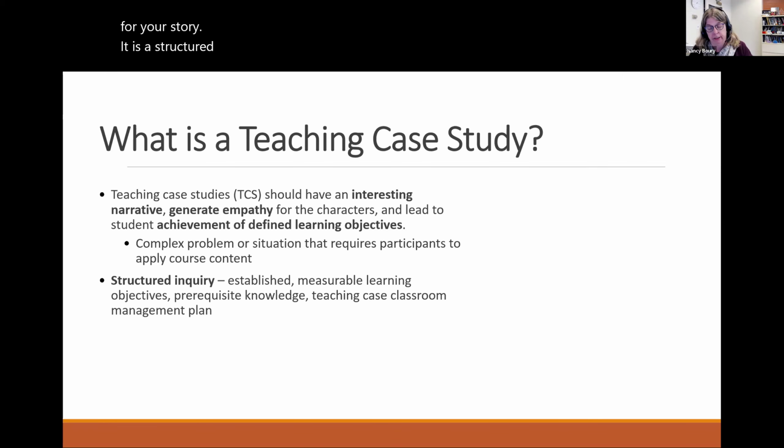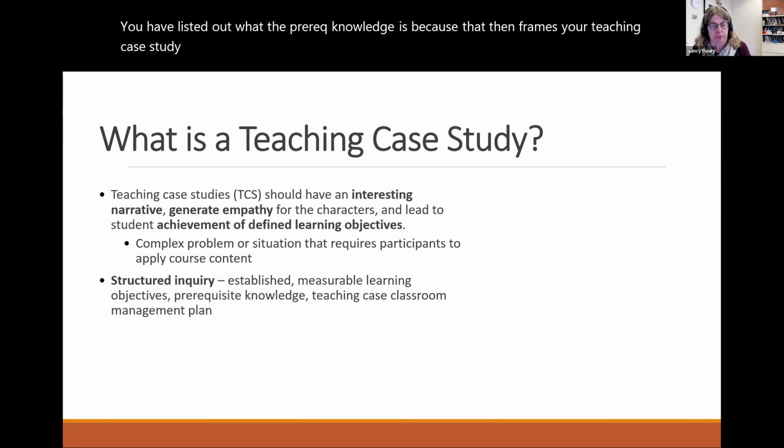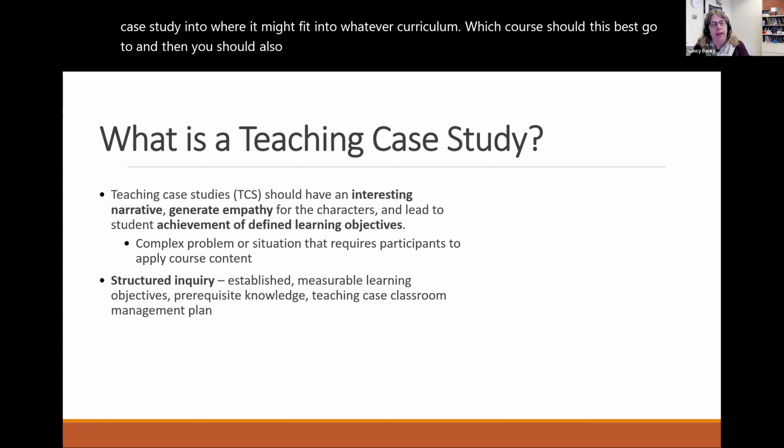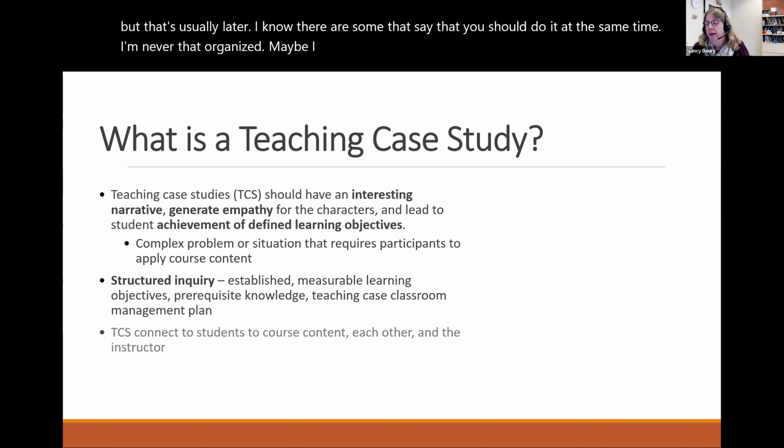You have established measurable learning outcomes. You have listed out what the prereq knowledge is, because that then frames where your teaching case study might fit into whatever curriculum. Which course should this best go to? And then you should also, at some point, write up a teaching classroom management plan, but that's usually later. I know there are some that say that you should do it at the same time. I'm never that organized. Maybe I should be.